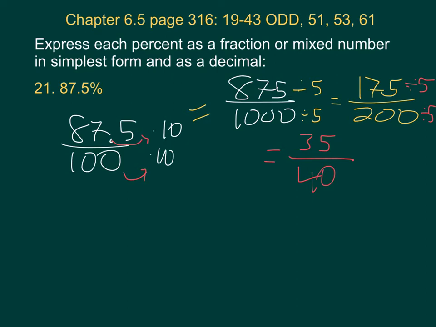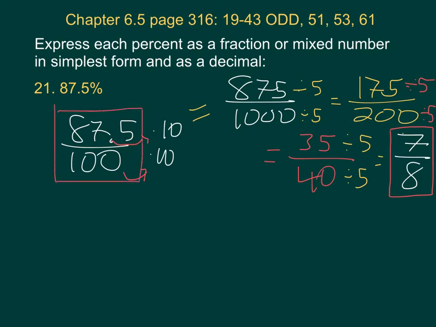Wait, it looks like I can divide by 5 again. And if I do that, I end up with 7/8. And that I cannot divide anymore. So if you follow these steps, you'll figure out that 87.5 over 100 can actually be written as 7 over 8.